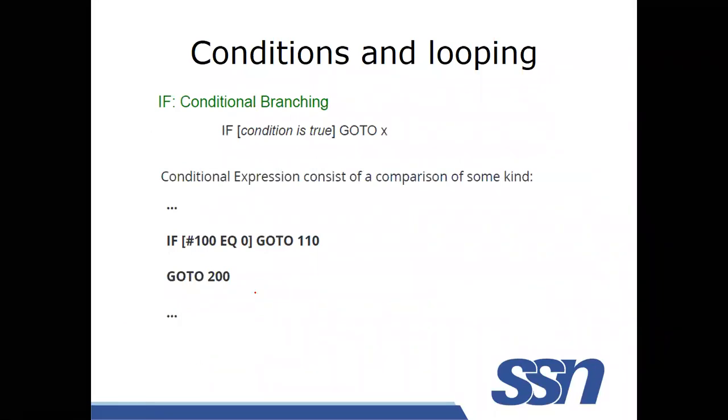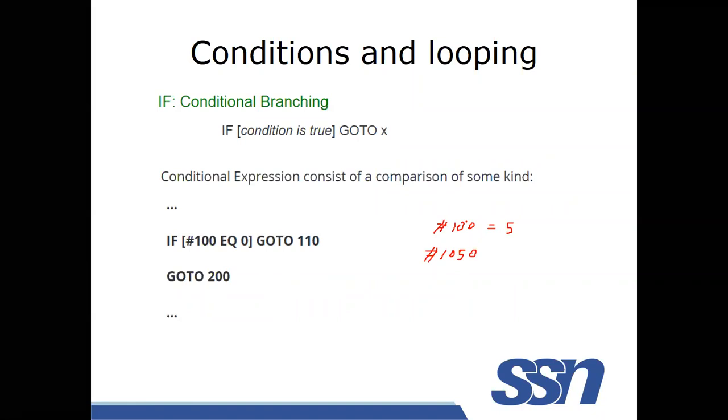Next, you can use the IF condition. For instance, here IF #100. Hash followed by a number, you can write #100, #1000 or #1050. These are all memory locations. Hash followed by a number refers to a memory location. Here you can store any value.